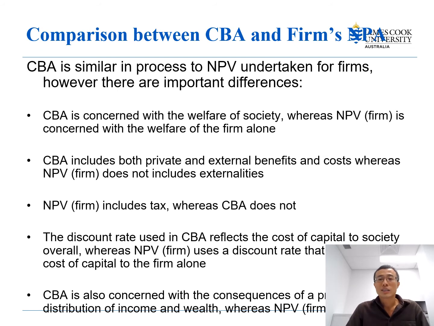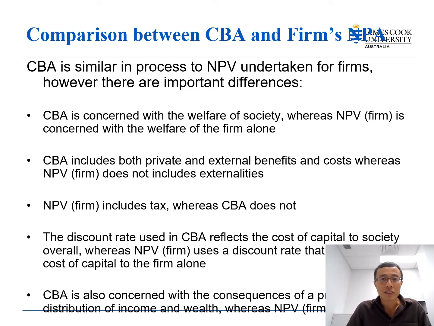Right. So if you are running a firm and you're deciding whether you should invest in a project, then you can also conduct an exercise similar to CBA, which we call the firm's net present value analysis. So they are very similar, okay?